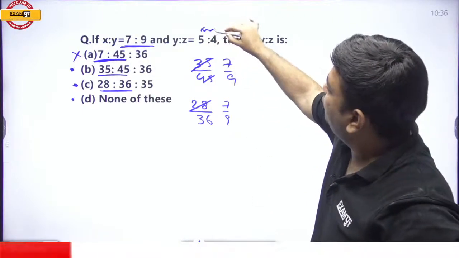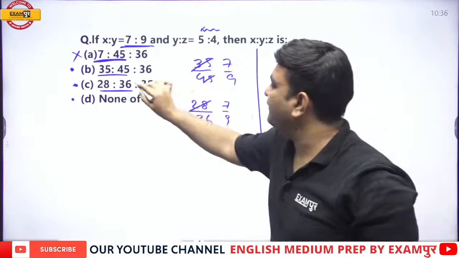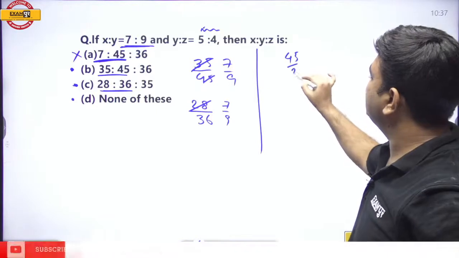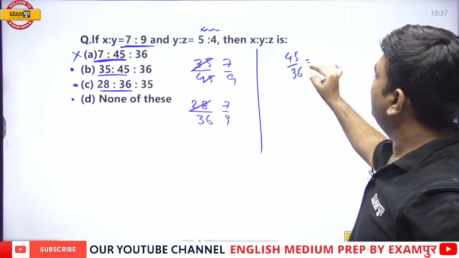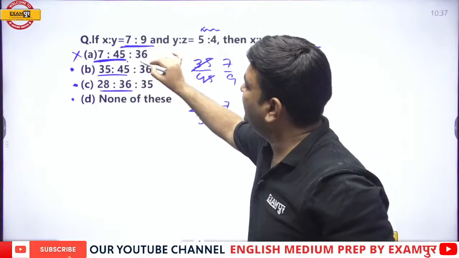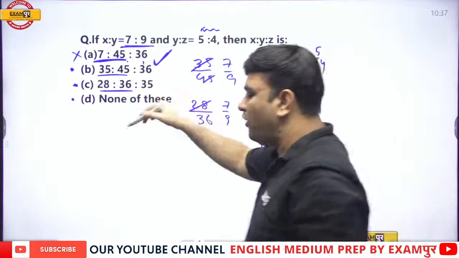Y/Z 5/4. Is it 5/4 over here? 45/36. 9 5s are 45, 9 4s are 36. Yes, answer. If both the conditions are satisfied, then this is the only answer. Now you need not go over the rest.